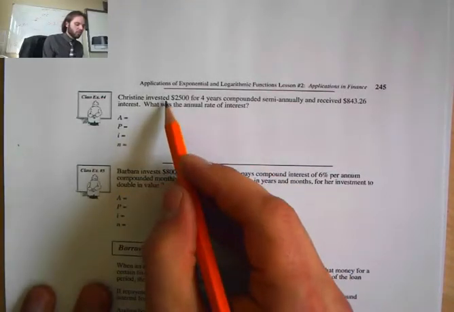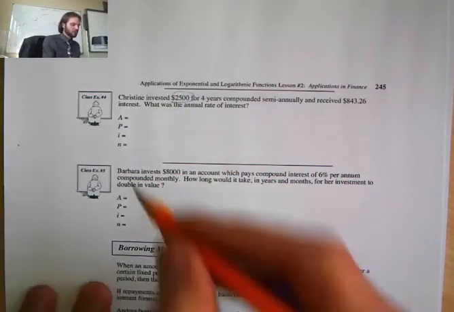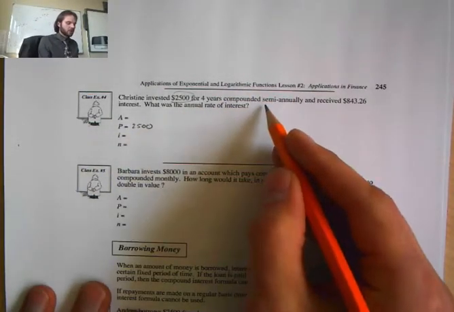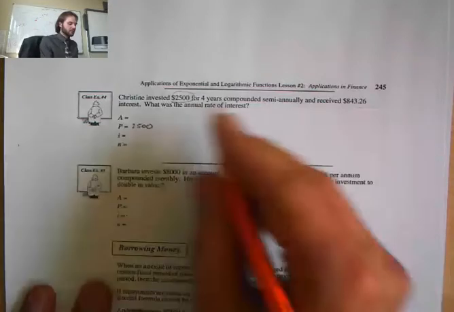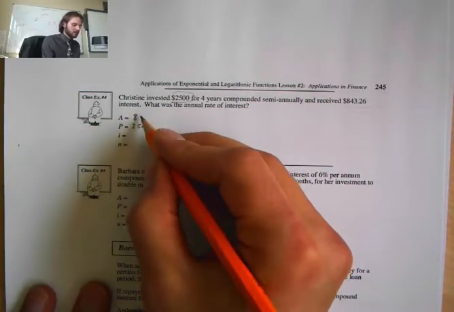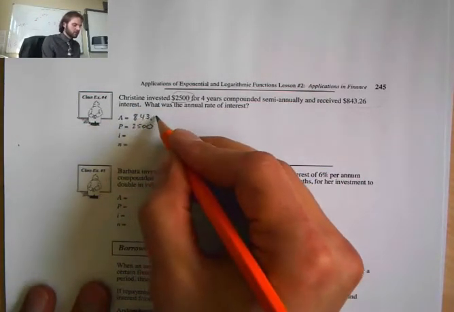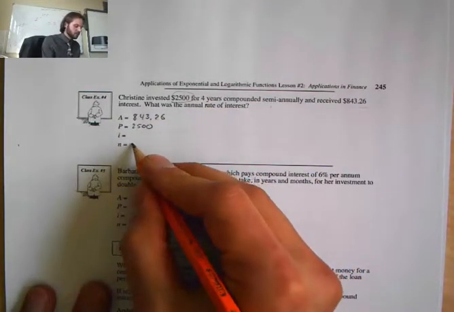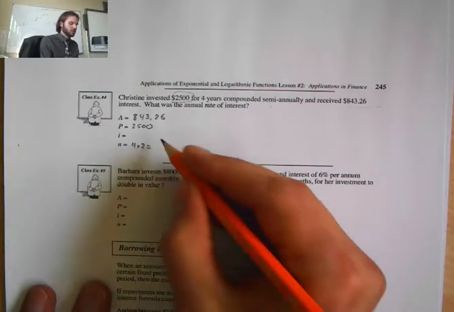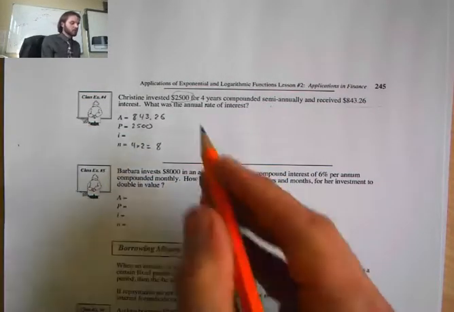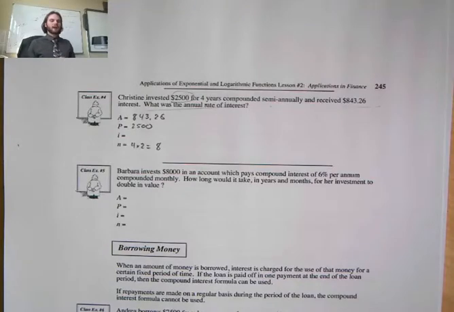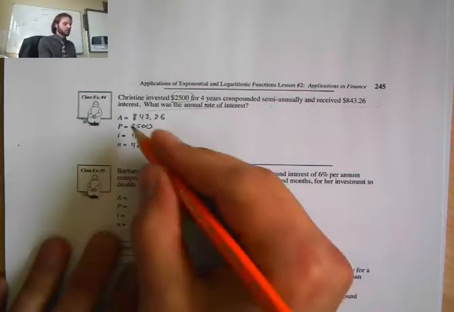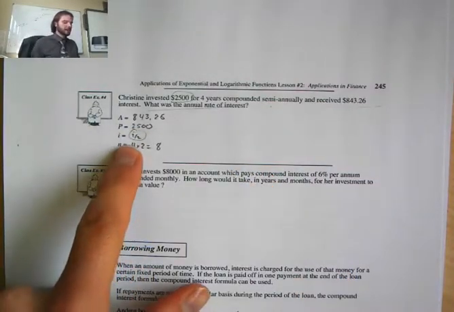Okay, let's take a look at example number 4. Now it says Christina invested $2,500, so $2,500 that she invested, for 4 years, compounded semi-annually, and received that much. Oh, we have this. So it's 843.26. 4 years semi-annually, well, that's going to be 4 multiplied by 2 is equal to 8. And we want to determine the annual interest rate. Well, that's going to be i divided by 2 when we're putting in our equation, because it's semi-annual.